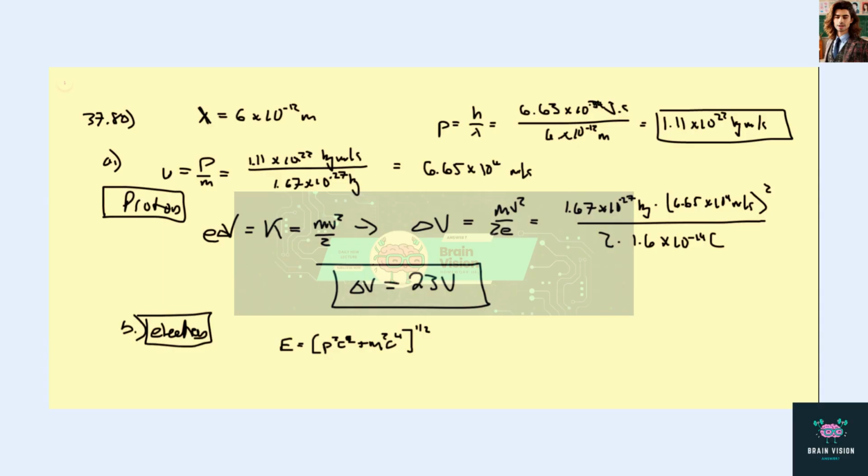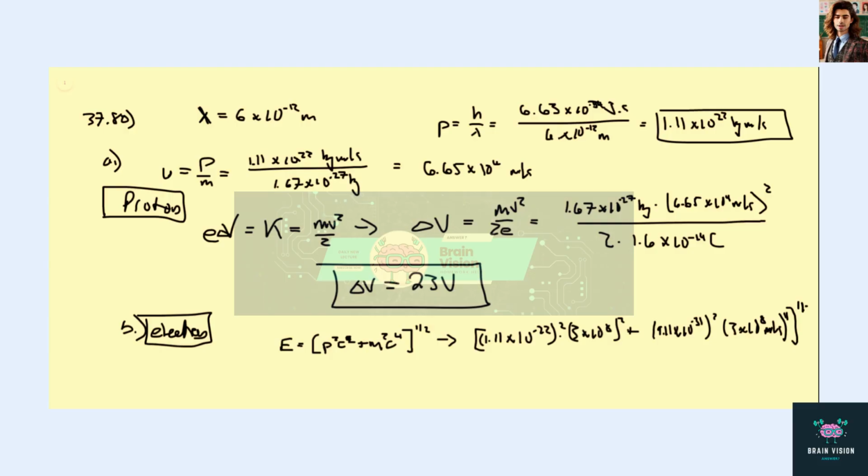So if we want to find the energy here, let's go ahead and plug things in. So this is momentum here, 1.11 times 10 to the negative 22, squared, times 3 times 10 to the 8 for c squared, plus 9.11 times 10 to the negative 31 kilograms is the mass, squared, and then 3 times 10 to the 8 meters per second to the 4th.